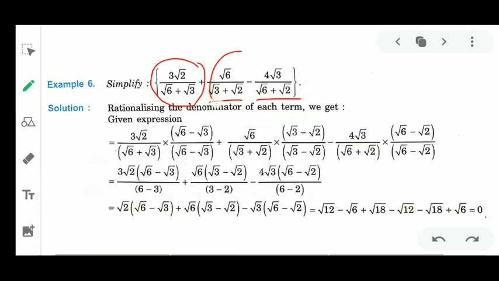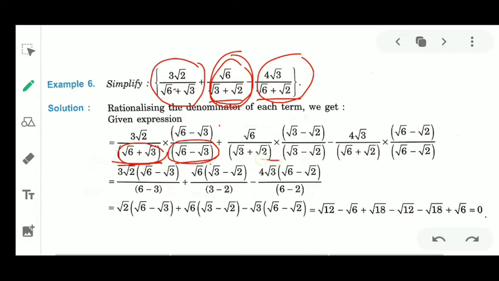First we have 3 root 2 by (root 6 plus root 3). Write down the number first, then multiply by the conjugate of the denominator, that is a minus b, root 6 minus root 3. Multiply that number on both numerator and denominator. Now put a positive sign. Then moving to the next term, root 6 by (root 3 plus root 2).